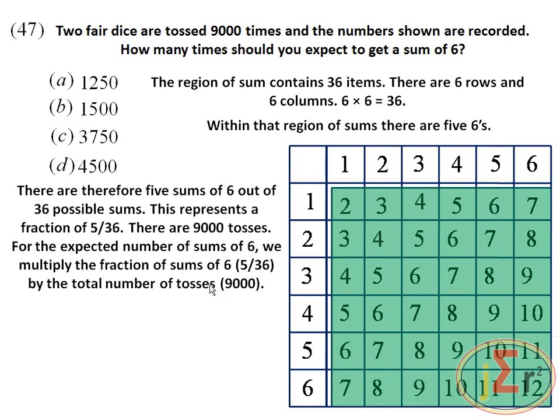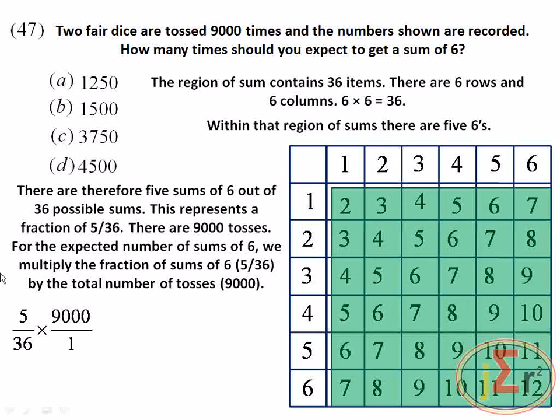So let us look at those sums of 6. We have them right there. So take a second look. 1, 2, 3, 4, 5. So we have 5 possible sums of 6, and that we will divide by the total number of possibilities, and we have 36 of them.